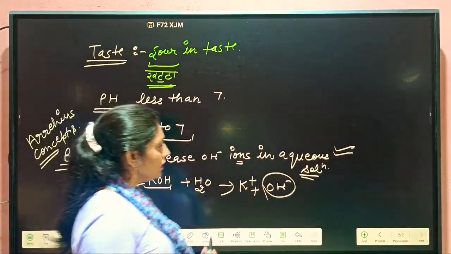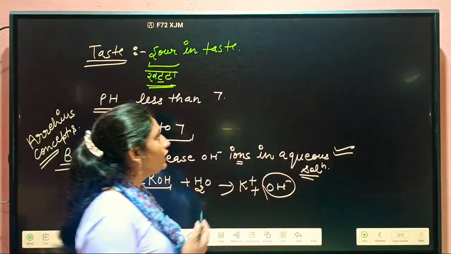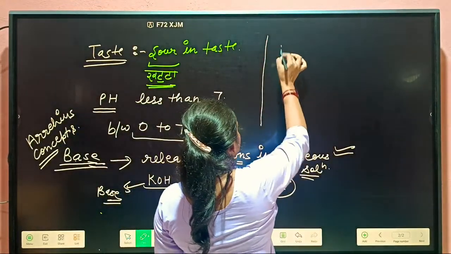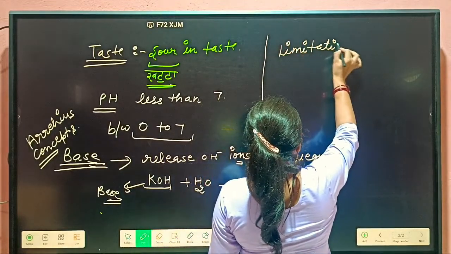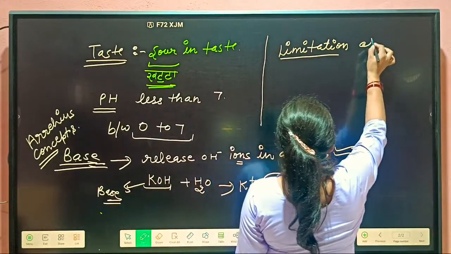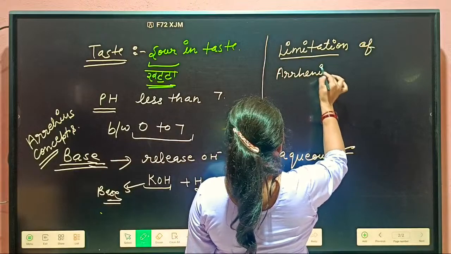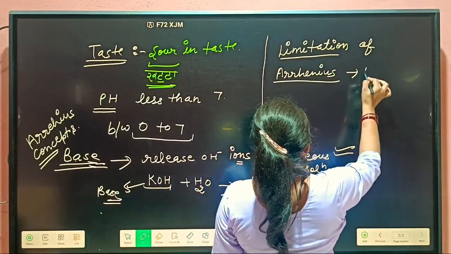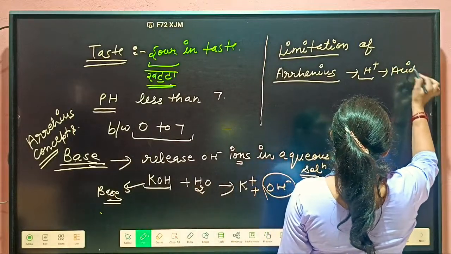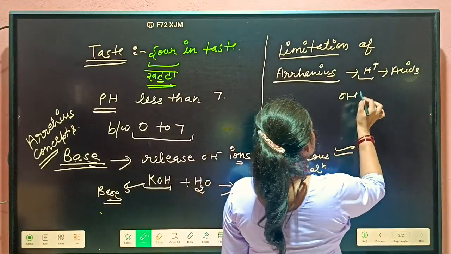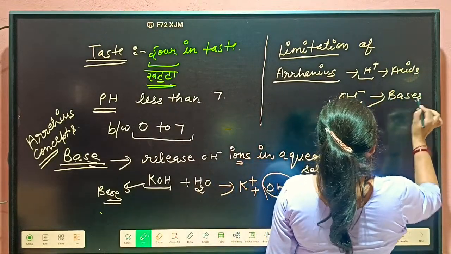But students, the Arrhenius concept had some limitations. Do you know what is the limitation of the Arrhenius concept? Arrhenius says that substances which release H positive ions in aqueous solutions are known as acids, and which release OH negative ions in aqueous solutions are known as bases.